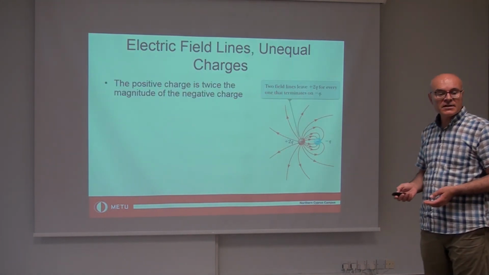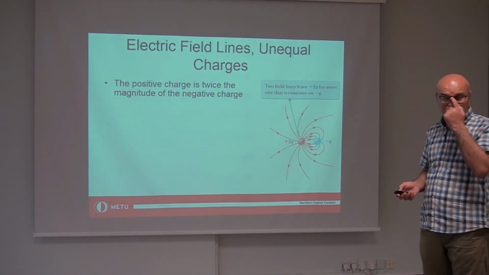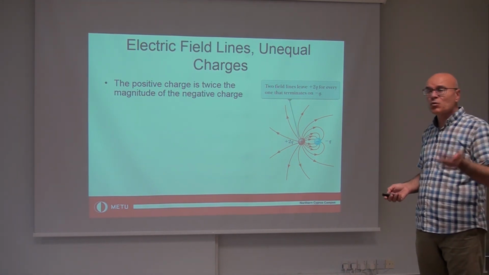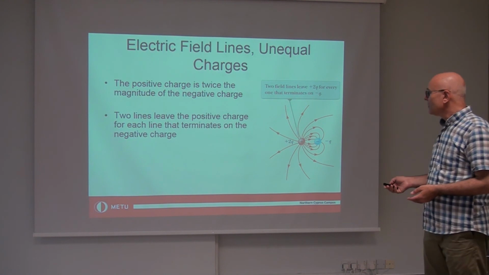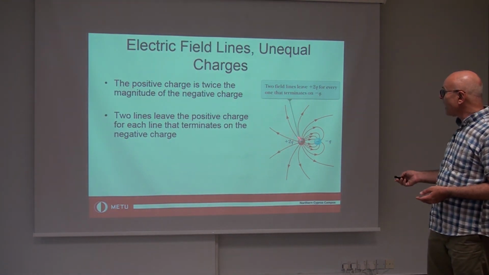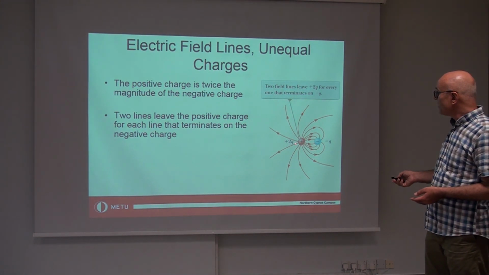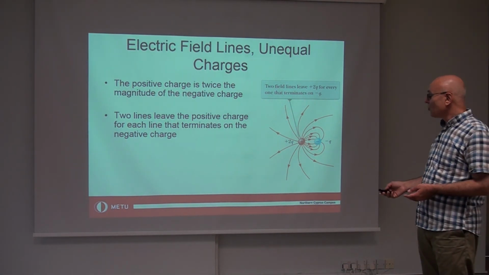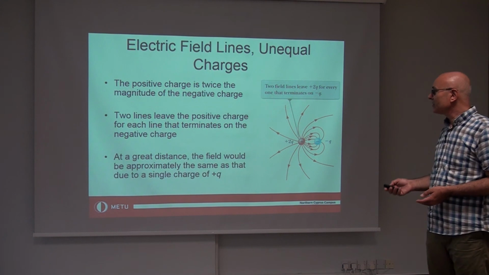Now, the other example is that of two point charges, one positive, one negative, but the positive charge is twice the negative charge. As you can see here, the number of lines leaving the positive charge is double the number of lines entering the negative charge, because it has twice the magnitude.